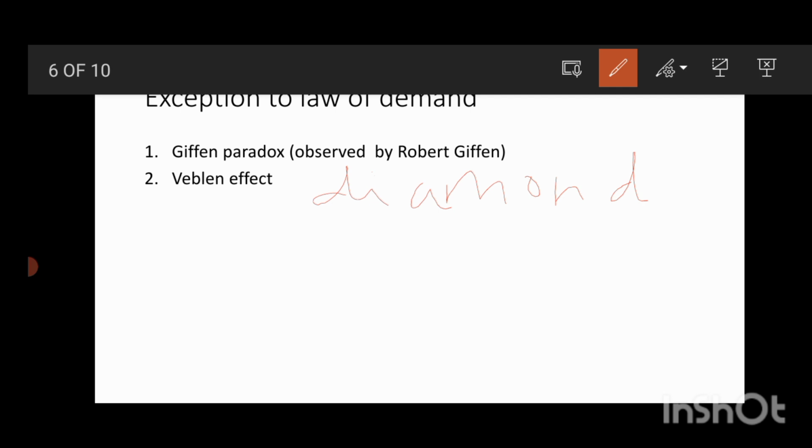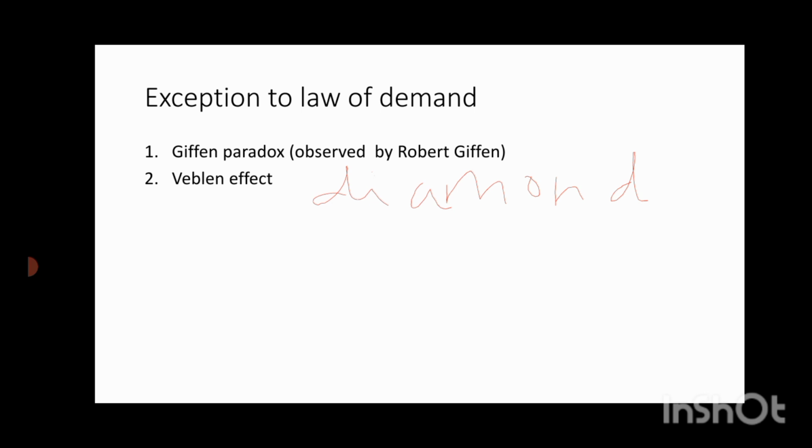If the price of such a product falls, then people may not demand such products. He said that some products people buy just because the price of such a product is high. If the price of such a product is reduced, then people may not demand it.